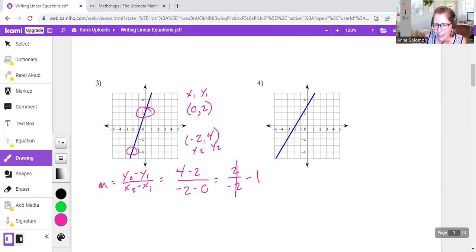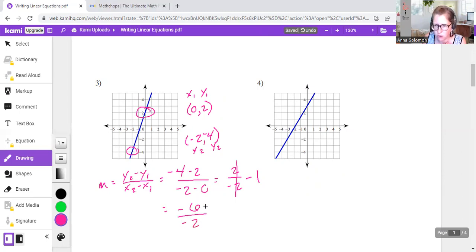So we've got y2 minus y1 over x2 minus x1, 4 minus 2. Oh, you know what it is? That's a negative, isn't it? Oops. All right, so -4 minus 2, or sorry, -2, is -6. There we go.